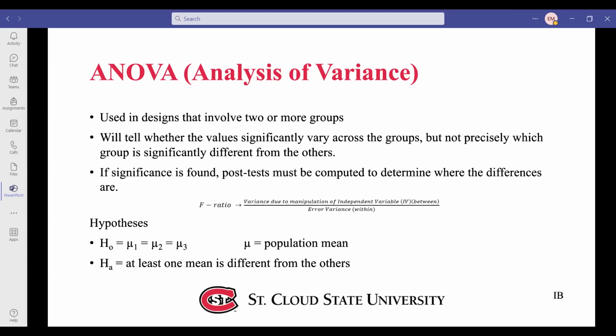What ANOVA does is, before we spend our time comparing all possible pairs, let's check if overall there is a difference across the groups. We use the F statistic to do that. Your null hypothesis is that all the groups are the same. If I'm looking at race, for example, when it comes to income, all the categories are the same.